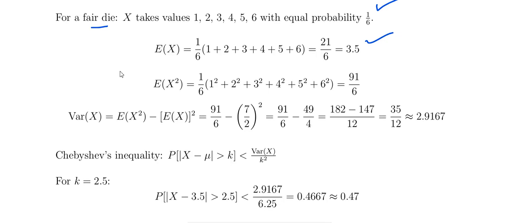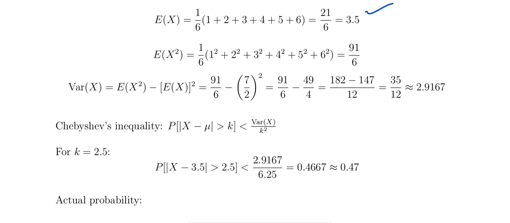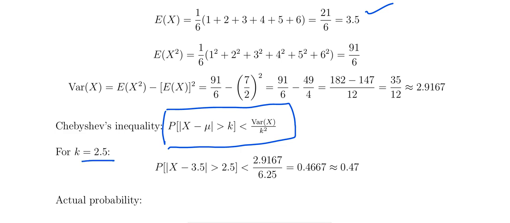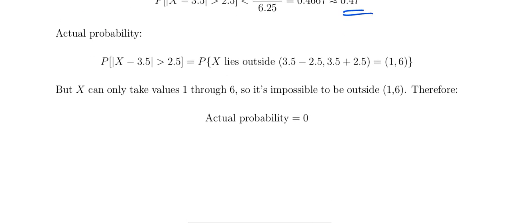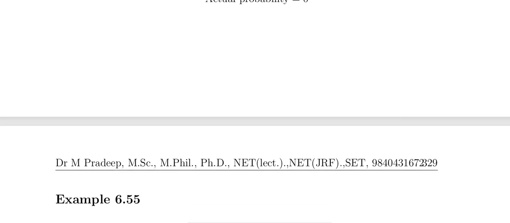Actually this is a Chebyshev inequality in another form, P of mod of x minus mu greater than k sigma, அந்த sigma வந்து தள்ளிட்டு போறோம். That is less than variance of x divided by k square. So இதை apply பண்ணீங்கன்னா we get the better bound, that is k equal to 2.5 னு அர்த்தம். K equal to 2.5, then we get the 0.47. This is the actual probability. Actual probability is 0.